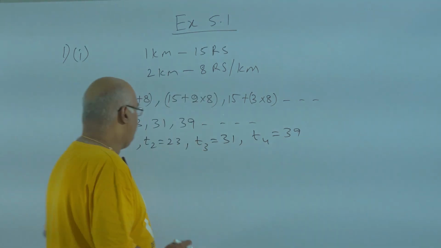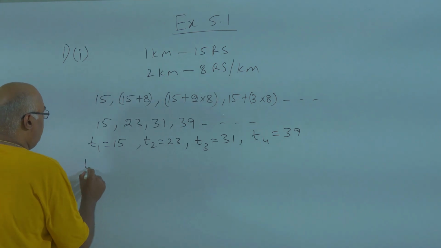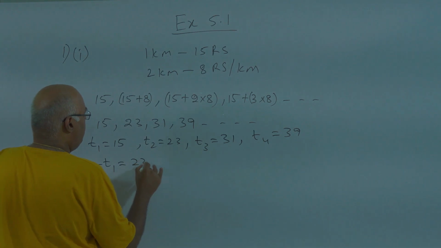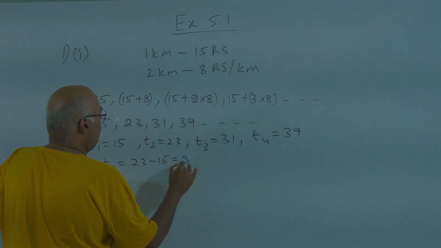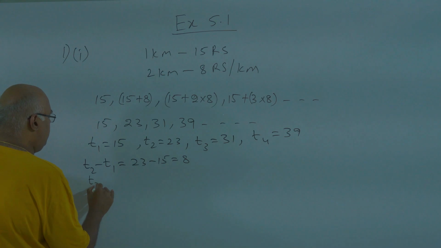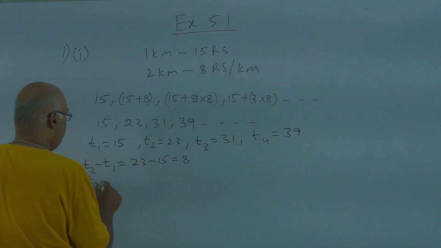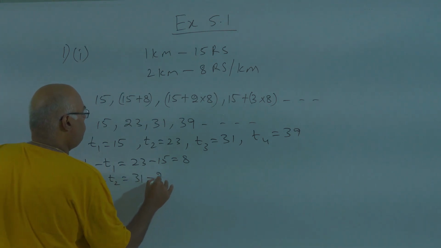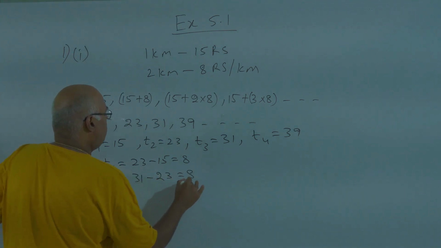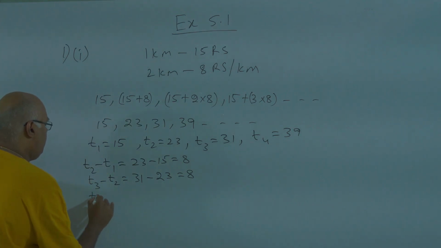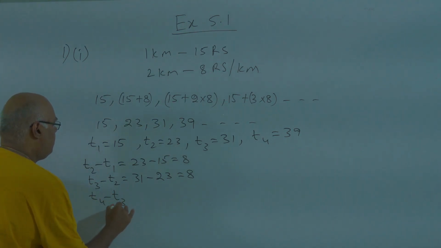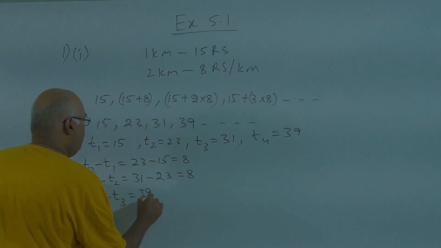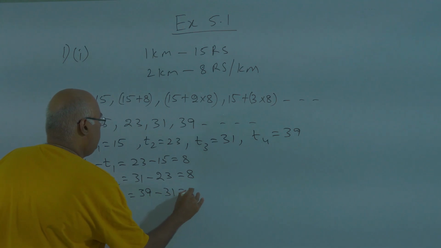T2 minus T1 is 23 minus 15, which is 8. T3 minus T2 is 31 minus 23, which is 8. T4 minus T3 is 39 minus 31, which is 8.